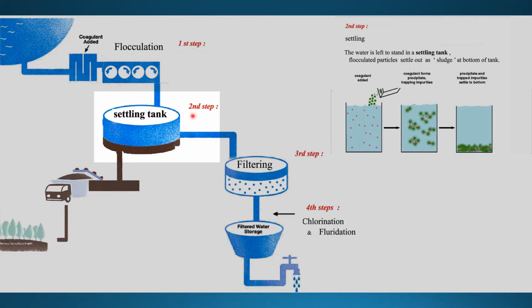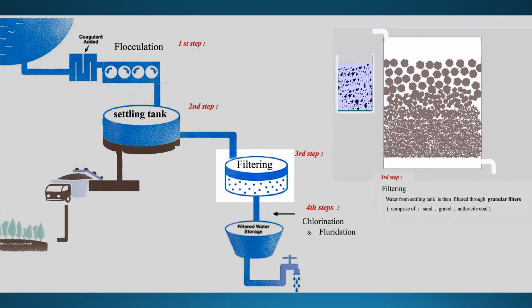Look at this picture. When the particles are settling down as sludge, you can give it to the farmer. They can use it for fertilizing plants. The top of the water is the clean water, and we go through the further steps.